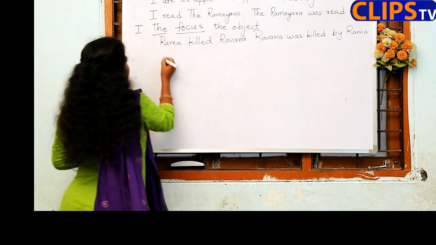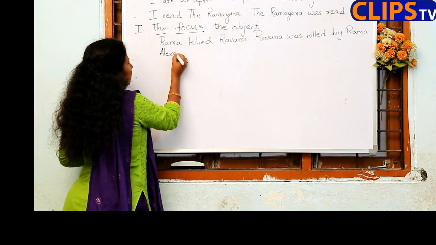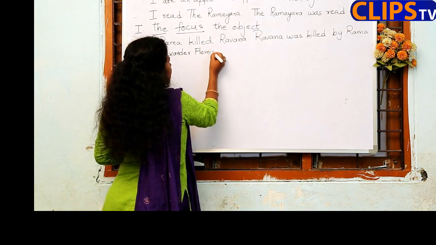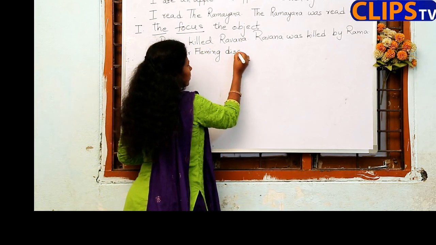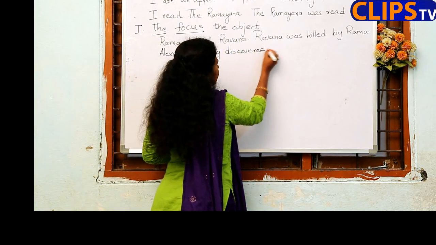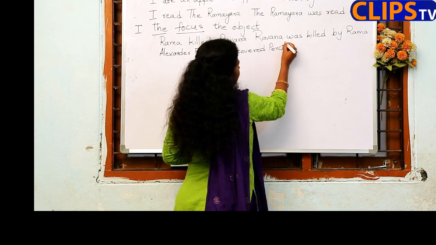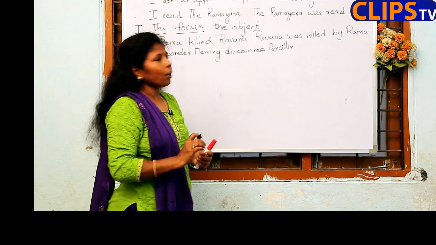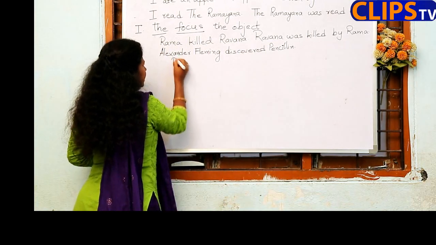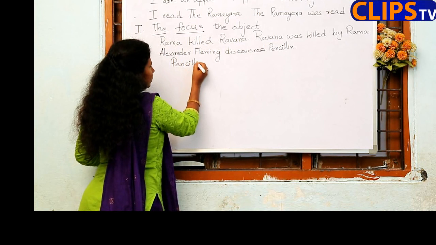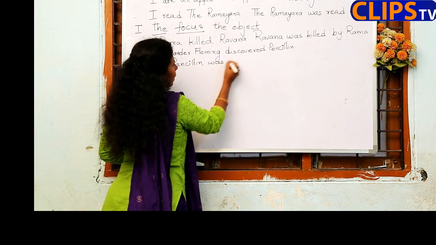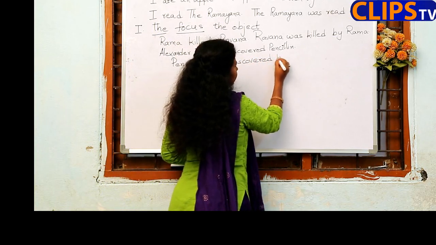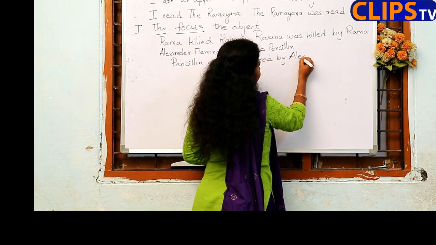For example, Alexander Fleming discovered penicillin. We want to focus on the object. Now, penicillin was discovered by Alexander Fleming.